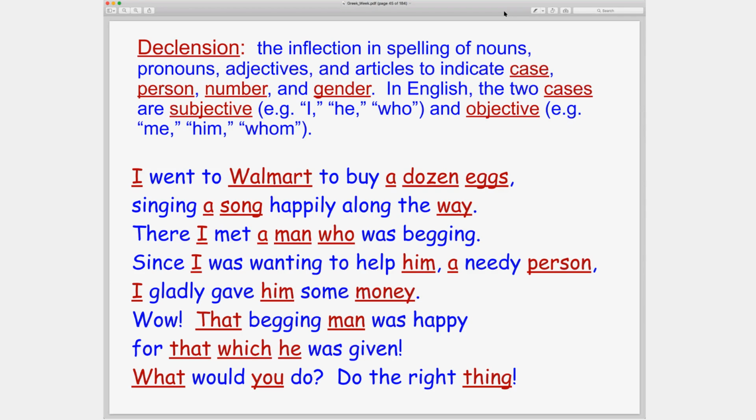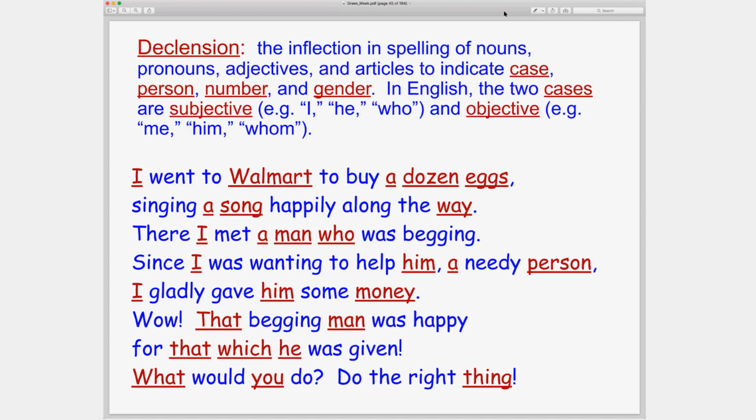So, for example, I would be subjective, but me, referring to the same person, would be objective. He would be subjective, him would be objective, who would be subjective, whom would be objective. And so you see how I've declined.